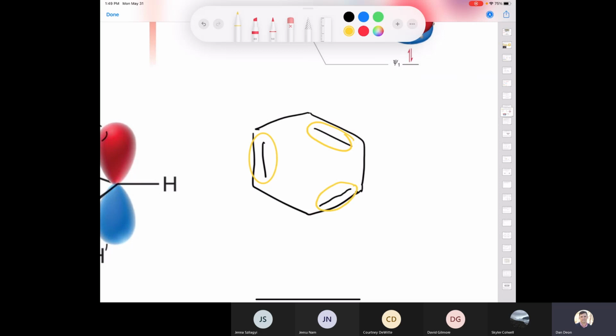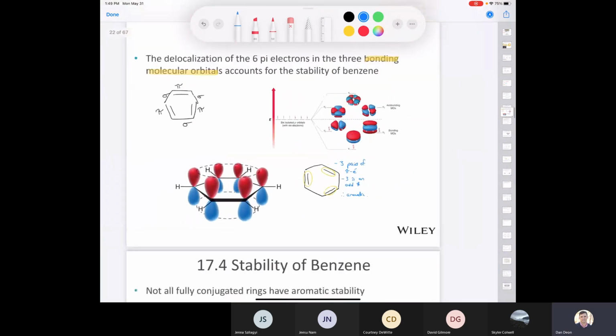And this is a pair of pi electrons. So what do we have? We have 3 pairs of pi electrons. 3 is an odd number. Therefore, this is going to be aromatic. All right, that explains why benzene is aromatic.